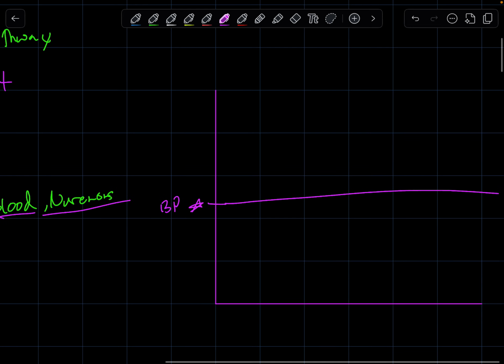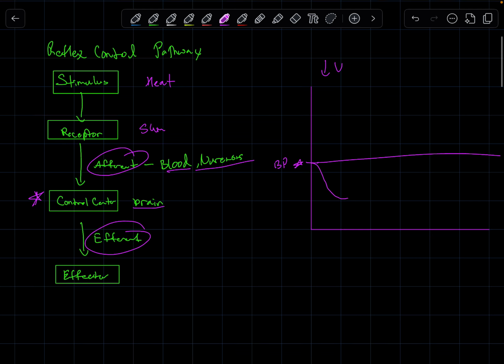And let's be hypothetical. We have a decrease in blood volume. That can be a big cut on an arm or a leg, or you just didn't drink enough water, right? And so this actually decreases our blood pressure.